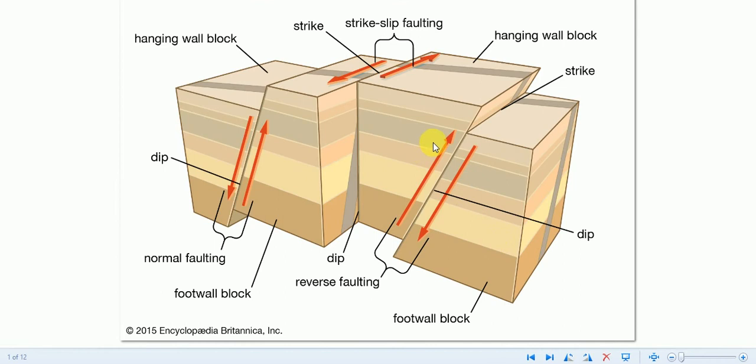In this case this section is uplifted. In this case also earthquake occurs in this sliding of the rocks against each other. So such type of earthquake is known as tectonic earthquake.